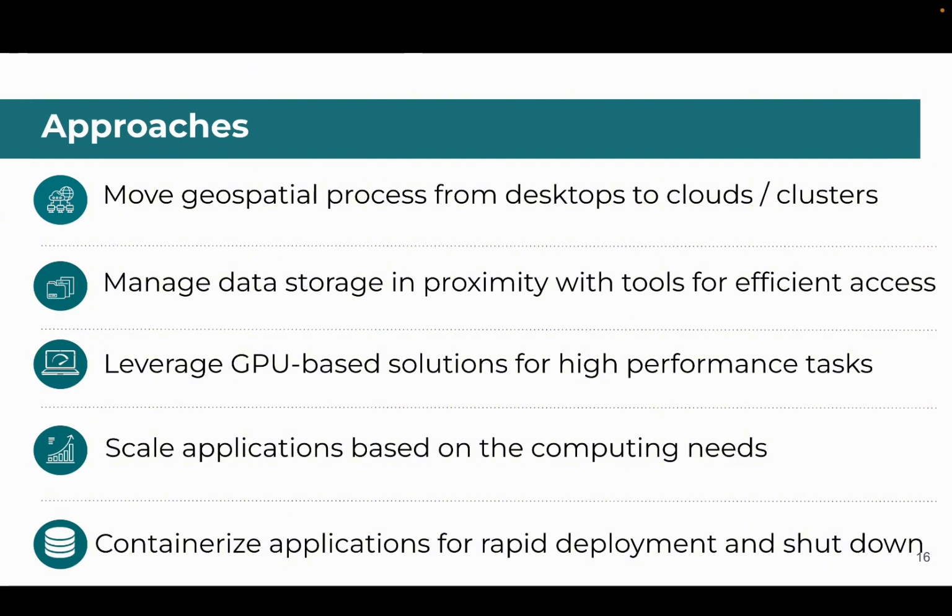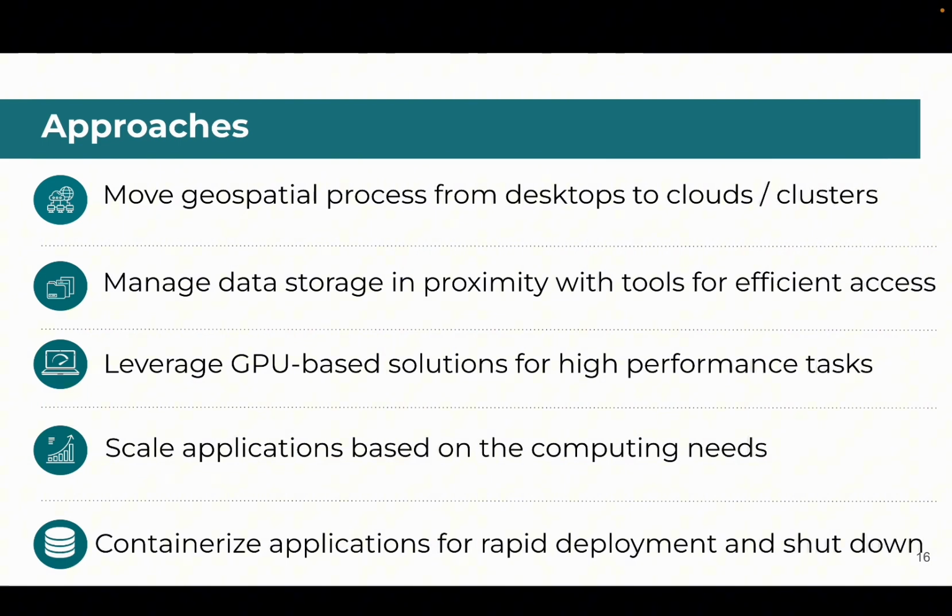By using cloud platforms, we gain access to more powerful resources, allowing us to scale up easily and manage larger data sets more efficiently. Next, it's important to store data close to where it's processed. By keeping data near the tools that analyze it, we reduce delays and speed up workflows.